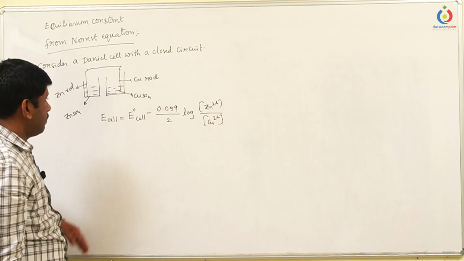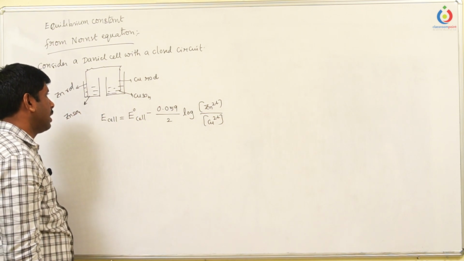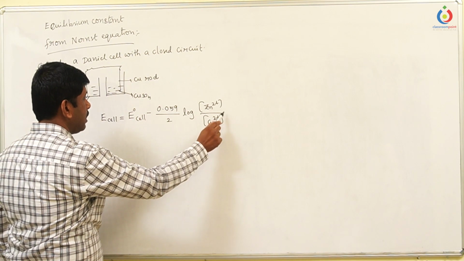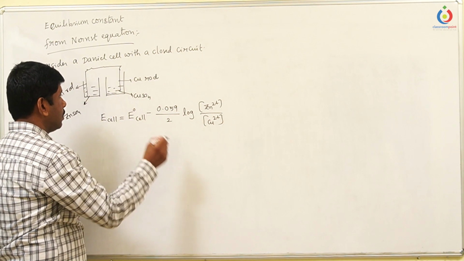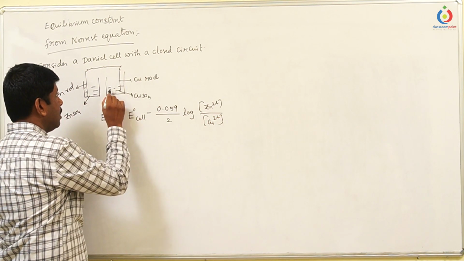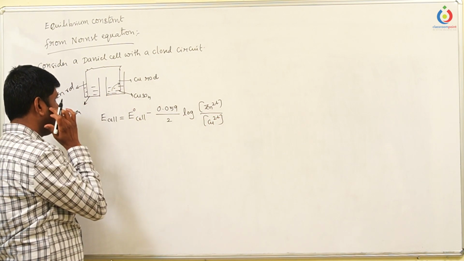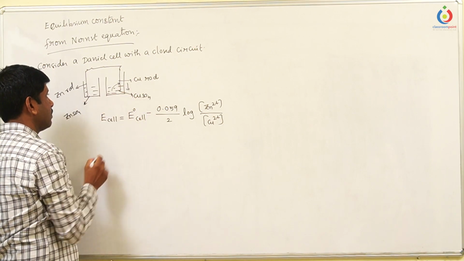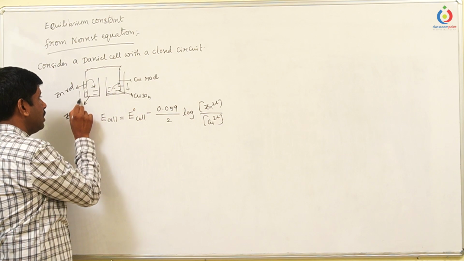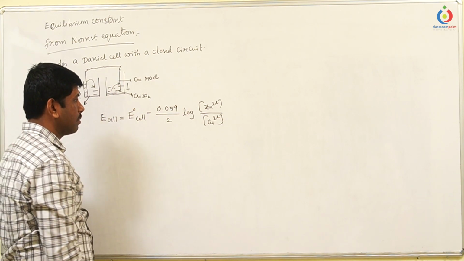So what happens when the cell is run for a longer time? The concentration of Cu2+ gradually decreases because copper slowly deposits on the copper rod. Zinc starts dissolving into the zinc sulfate solution, so its concentration gradually increases.